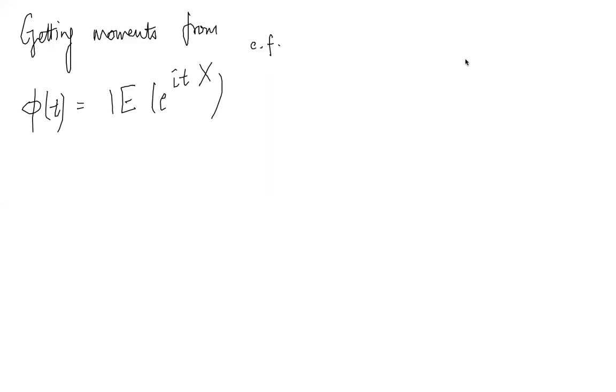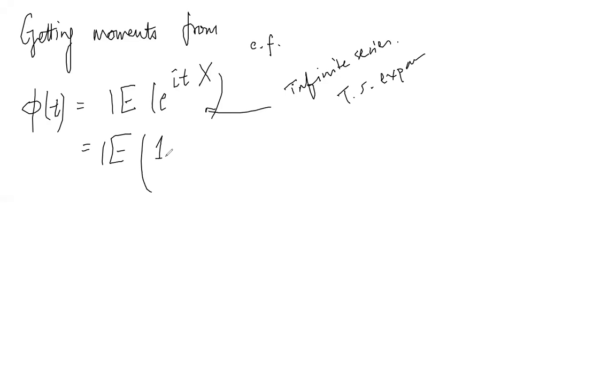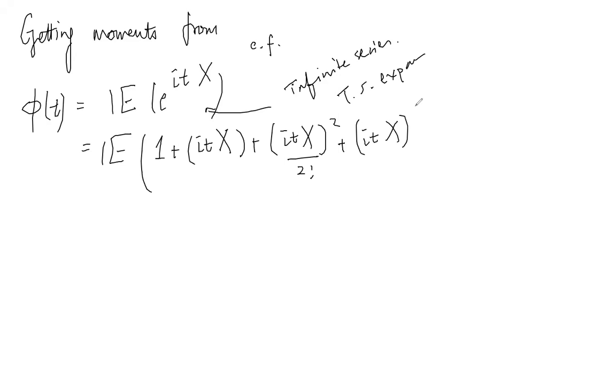Now if you apply what we did just now, the infinite series, which is your Taylor series expansion, then you will get 1 plus itX plus (itX) squared over 2 factorial plus (itX) cubed over 3 factorial and so on.